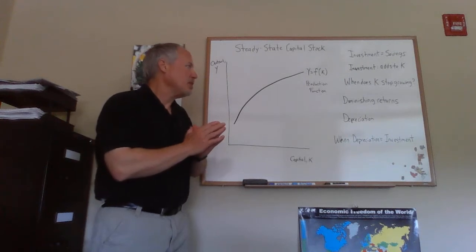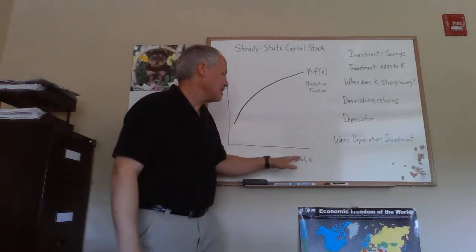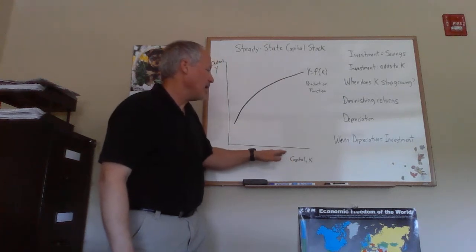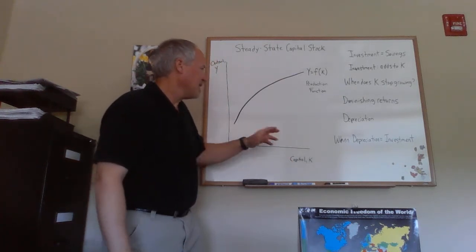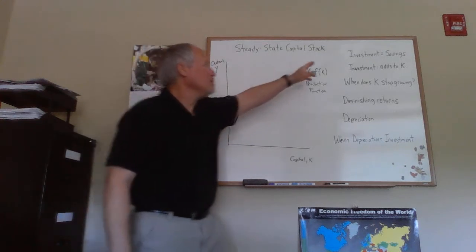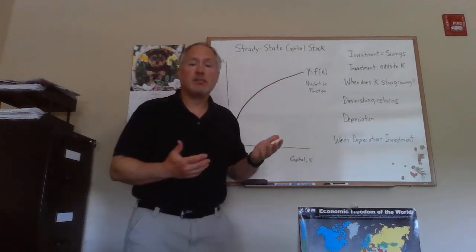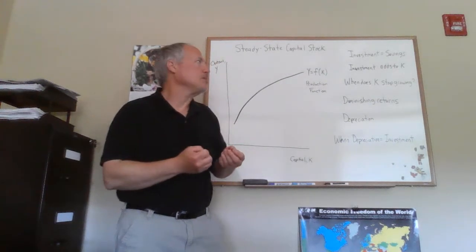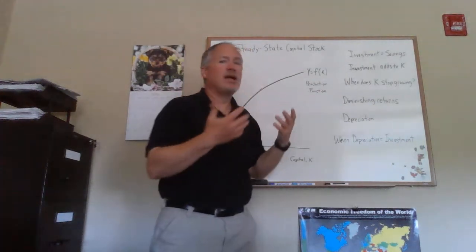And so we have to think about how the capital stock is going to change from one year to the next based on our level of capital and output today, but more importantly, investment and savings, because investment is what gives us capital in the economy. So investment adds to the capital stock.